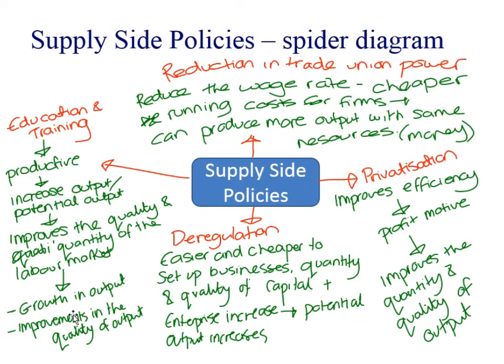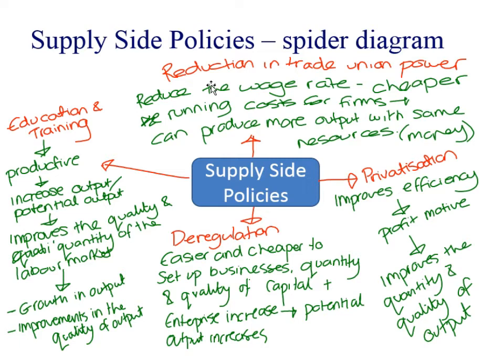Reduction in trade union power may not reduce the wage rate, but it may reduce upwards pressure on the wage rate. So that reduces running costs for firms, or slows the growth in costs for firms, and means firms can produce more output with the same resources.